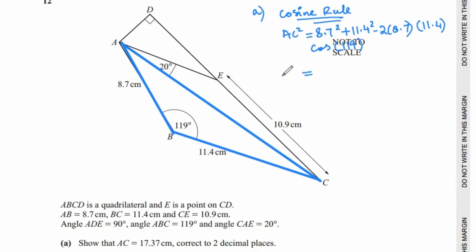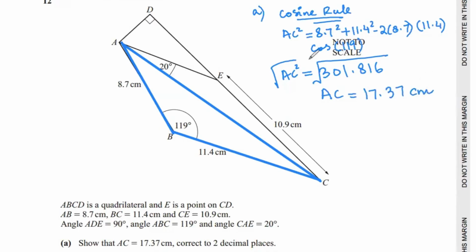So that's going to give us 301.816, and then we square root both sides, and AC equals 17.37, correct to two decimal places, which is exactly what the question was asking us to prove.